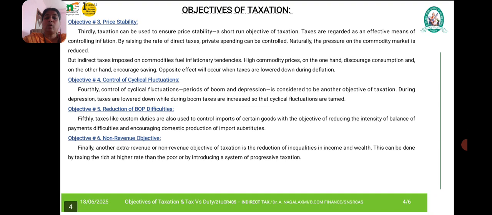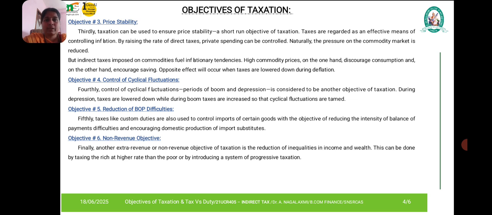Next, control of cyclical fluctuations. Cyclical fluctuations means boom, that is product life cycle, the country's economic growth life cycle, everything.